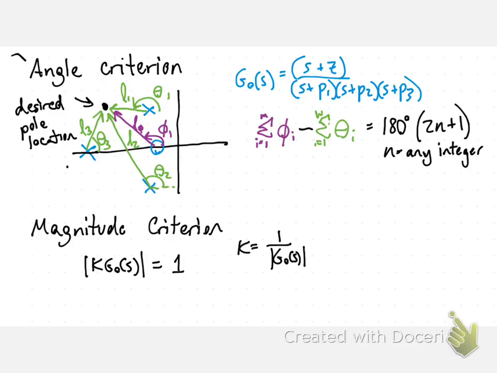And so that magnitude of GO of s is going to be equal to, let's have GO of s, and I had s plus z, s plus p1, s plus p2. We're going to make that a times s plus z, just so we can see what happens if we have an amplitude in the top there.